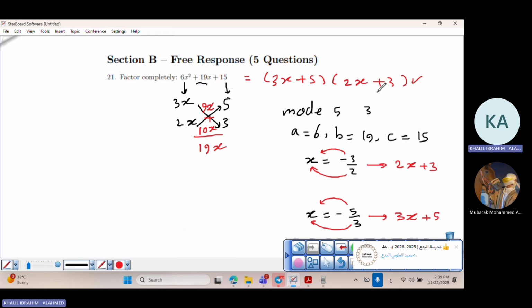Okay, the same answer, 3x plus 5 and 2x plus 3. You can use the calculator, but be careful about this. If you get a fraction, write it as I taught you. Okay, let me move to the next slide.